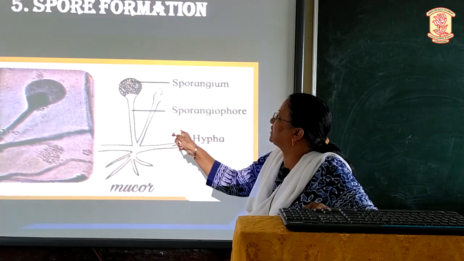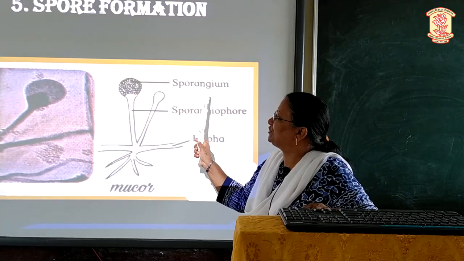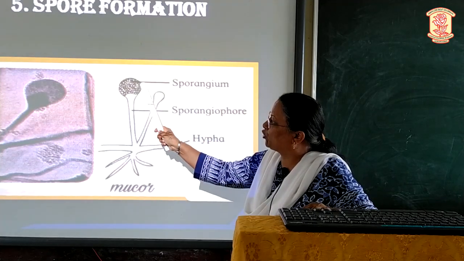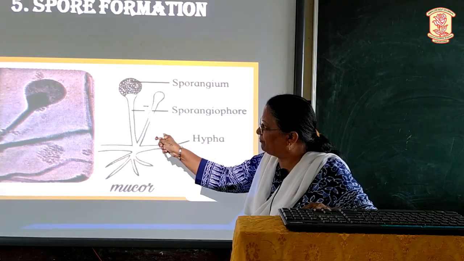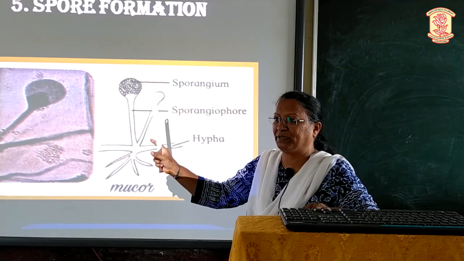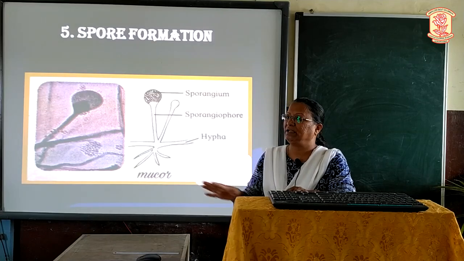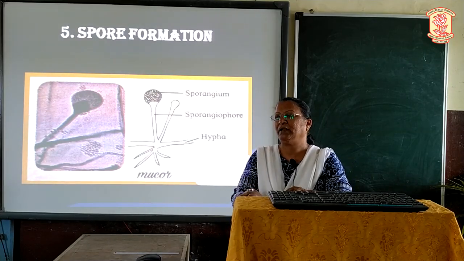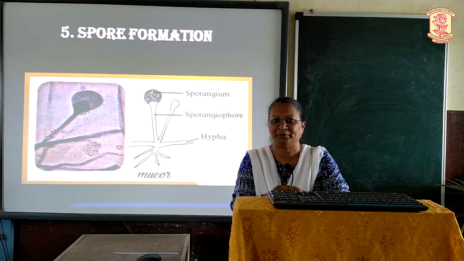That ball-like structure is called the sporangium. Inside the sporangium spores are produced. After a certain period of time these spores become mature, the sporangium bursts open, and the spores are scattered in nearby areas, where they germinate and form new fungi.